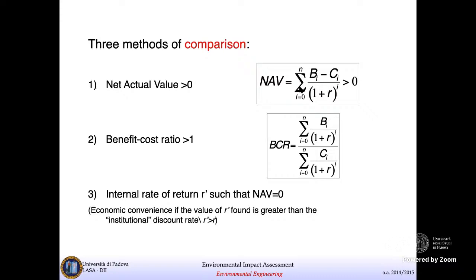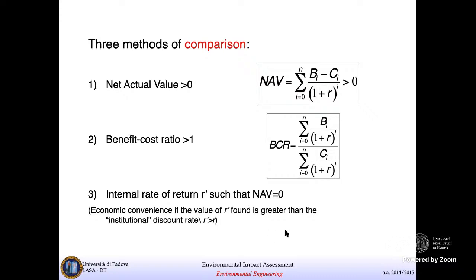So if I want to make an evaluation for 10 years, I start from the year 0, then I make the summation up to the 10th year of this net actual value. In this case, the project will be acceptable in terms of cost-benefit analysis if the net actual value is larger than 0.